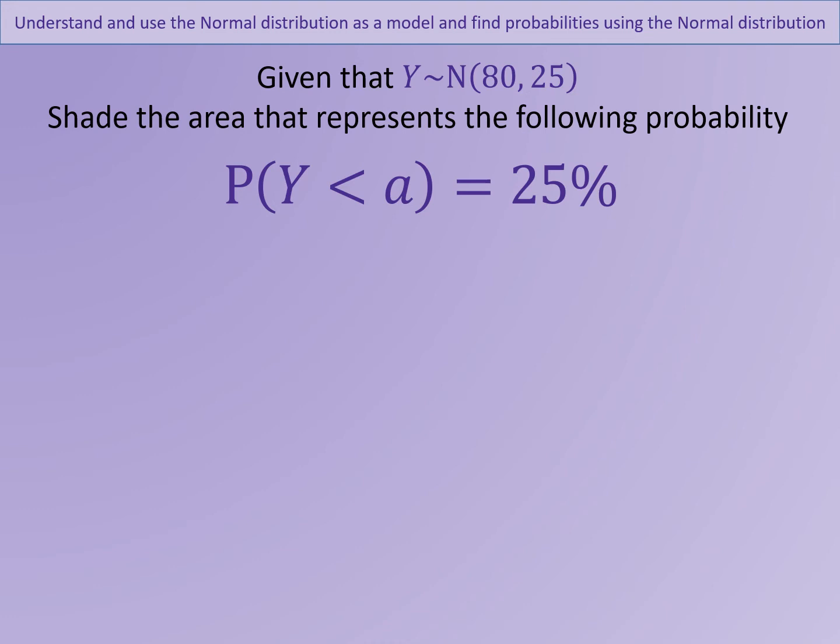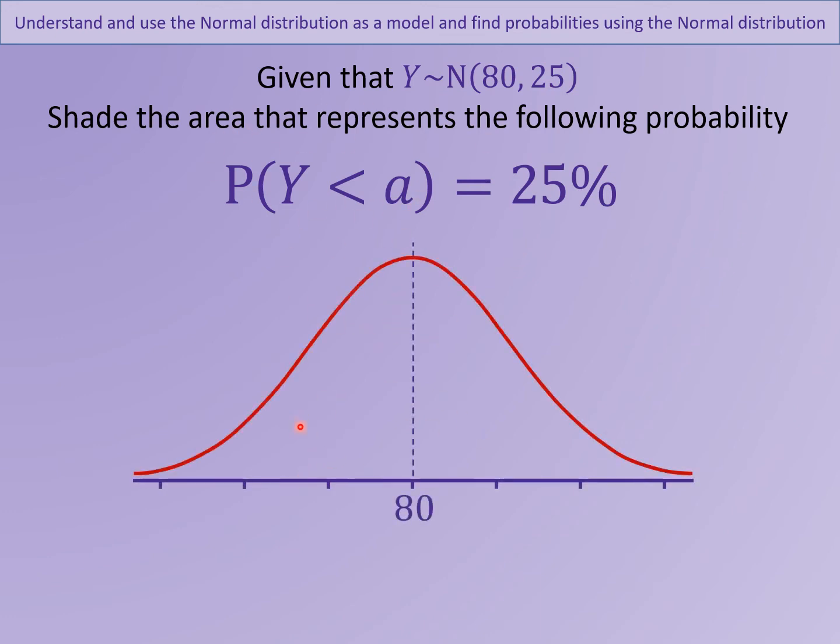Right, so let's go back to this question just here. So I asked you to shade that area. You've got a visual idea, you knew what to do, you knew it was about there. So what is this A value to make that 25%? If I know that my mean is 80, my standard deviation goes out in fives, so it's 80, 85, 90, 95, 75, 70, 65. But what would this A value here have to be so that I know it's exactly 25%?